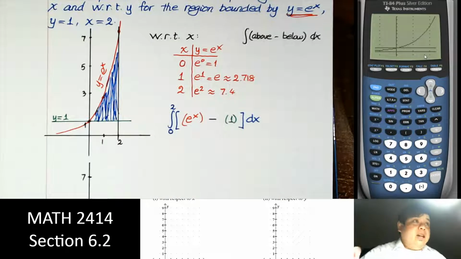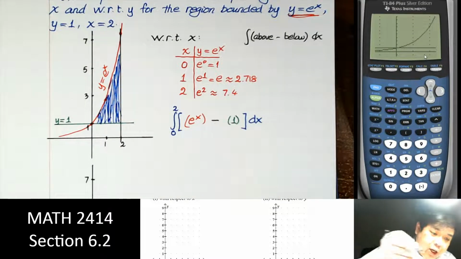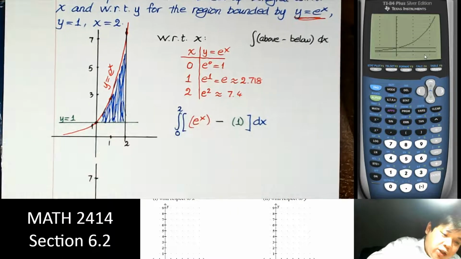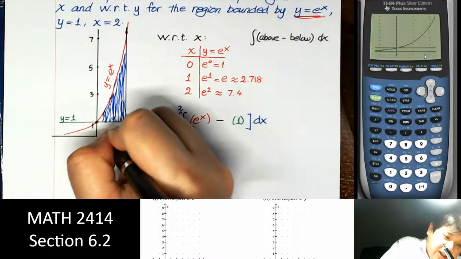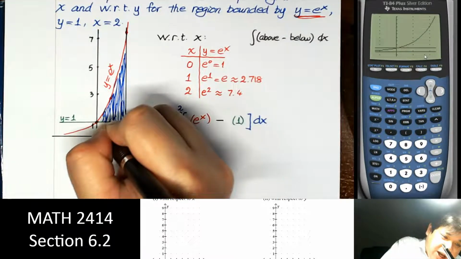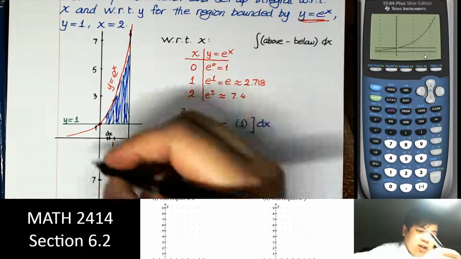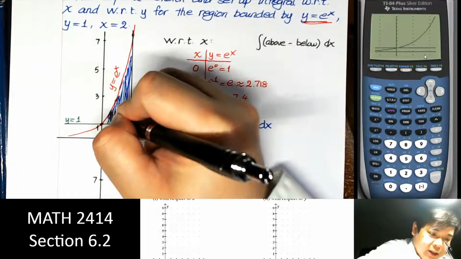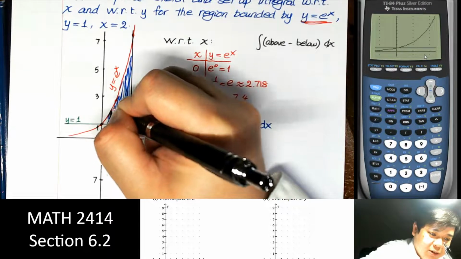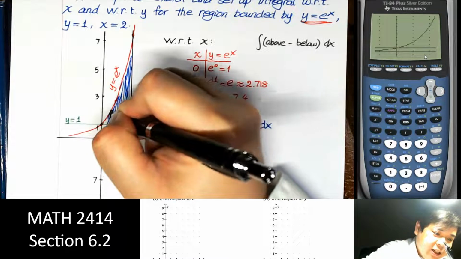The reason is, remember, with dx it's very small here. That is a dx, a very small increment of x. We're talking about this region here.